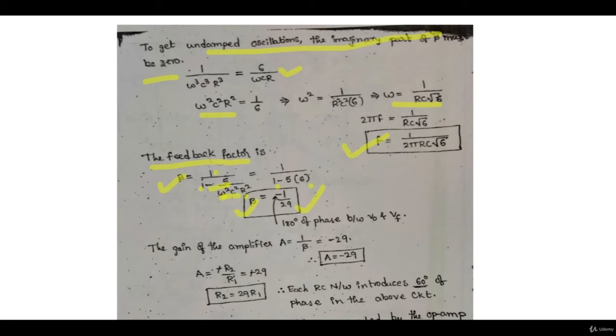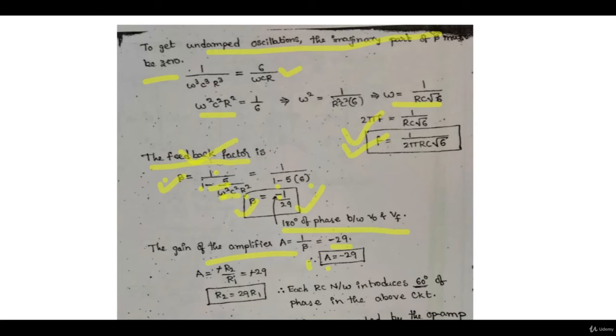This is the value of beta, the feedback factor, which is beta real, which is providing 180 degree of phase shift between V0 and VF. And the gain of the amplifier will be 1 upon beta, that is minus 29. Okay, so I hope it is clear. The frequency of oscillation, the feedback factor is the value of beta real, that is 1 by 29, and A is 1 divided by beta, that is minus 29.